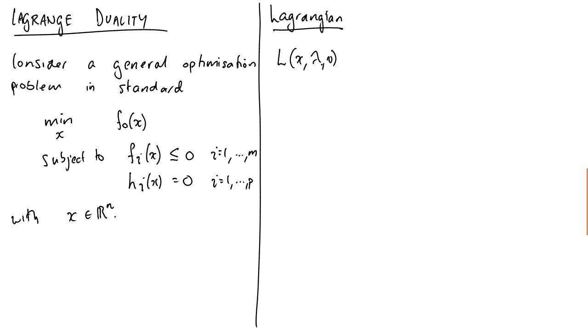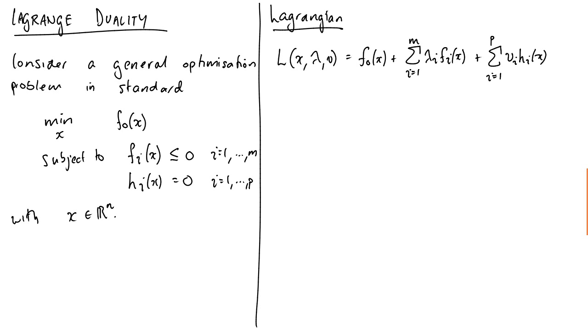So L of x, lambda, and nu, okay, that's nu, the Greek letter, not v, is equal to f naught of x plus the sum i equals 1 to m of lambda i f i of x plus the sum i equals 1 to p of nu i h i of x. Okay, so that's our definition of a Lagrangian.